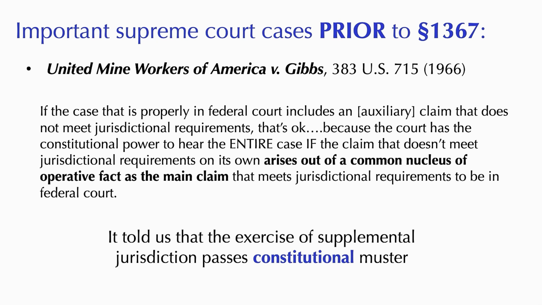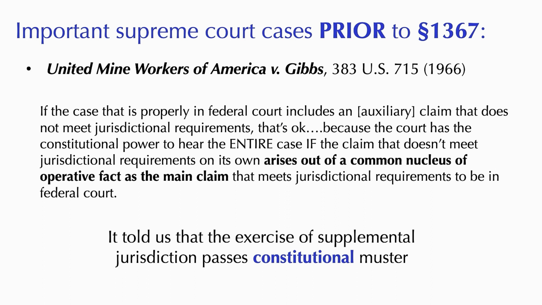In Gibbs, in interpreting the Constitution, the Supreme Court ruled that Article 3 grants jurisdiction over entire cases, not just over the single claims that meet jurisdictional requirements. So, if the case that is properly in federal court includes a subordinate or secondary or auxiliary claim that does not meet jurisdictional requirements, that's okay, because the court has the constitutional power to hear the entire case.